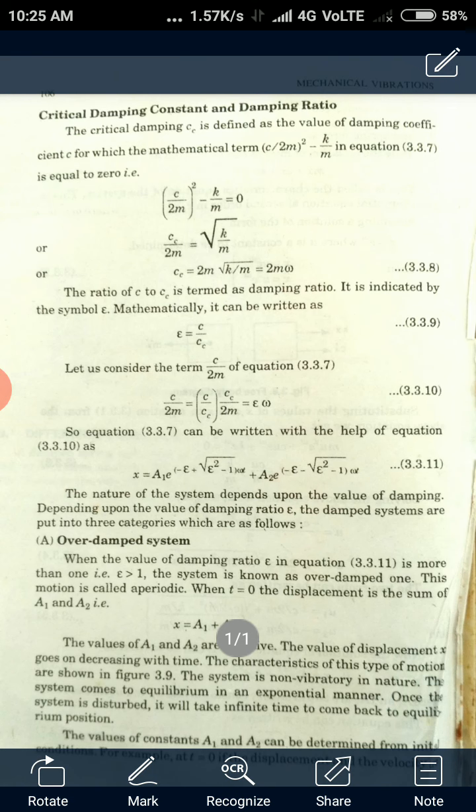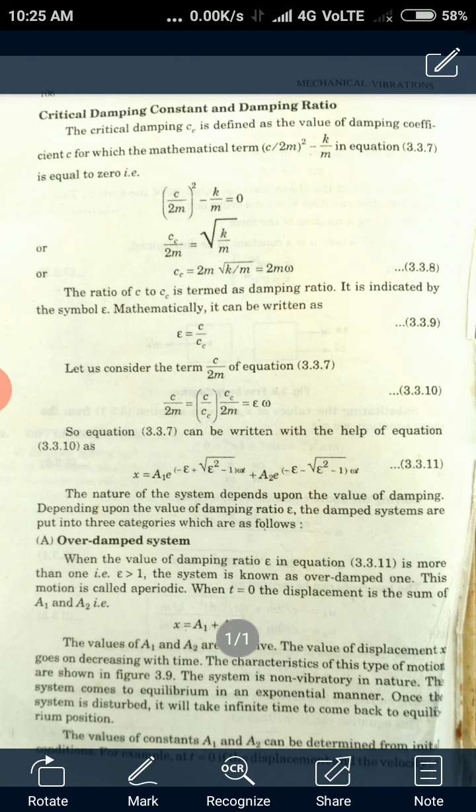Now, taking omega t common in each term, you get the equation of motion for the spring mass damper system when no external force is acting.